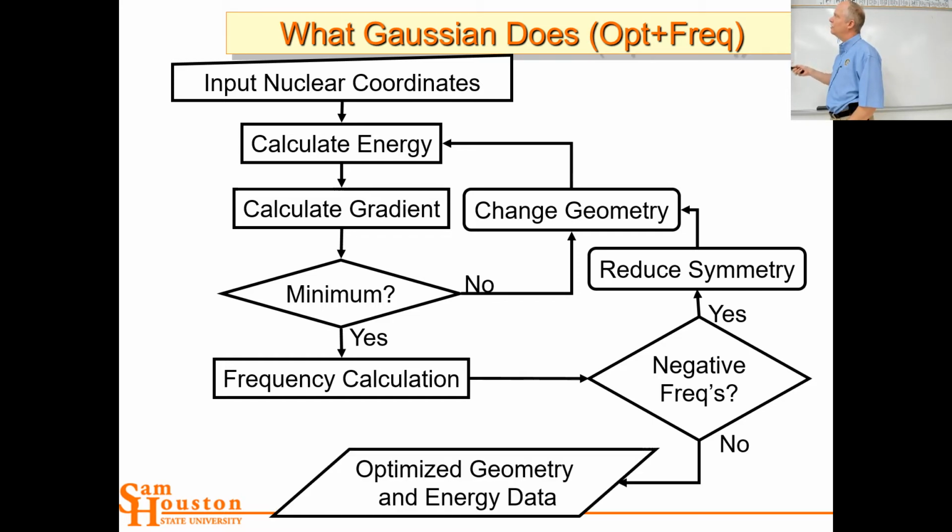You get a new geometry, you do the frequency calculation, and now you don't have any negative frequencies, so now you're finished. You have the optimized geometry and the energy data for that molecule. So this is the standard practice for coming up with energy for a particular molecule. And you did all this with acetonitrile and benzene and chlorobenzene, and it probably worked well because those molecules are pretty rigid. They don't have any way to really twist.